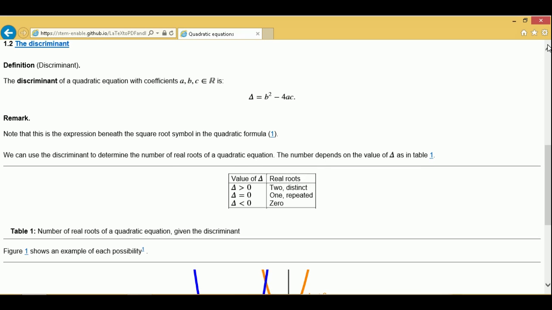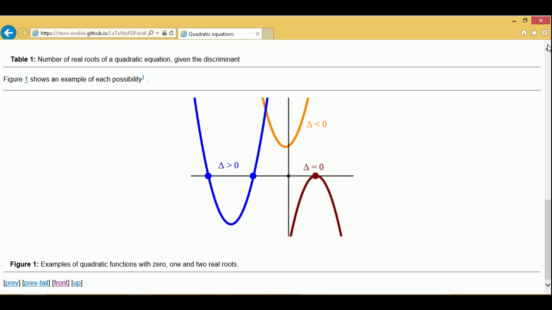Figure. Same page link 1 shows an example of each possibility. Link 1. Period. Graphic: horizontal and vertical axes without scale with 3 separate quadratic graphs are shown. Graphic: the leftmost quadratic opens upwards, crosses the horizontal axis twice, is labeled capital delta greater than 0 and is drawn in blue.